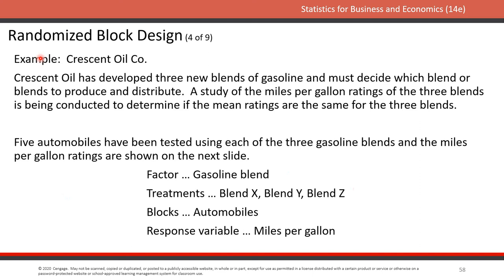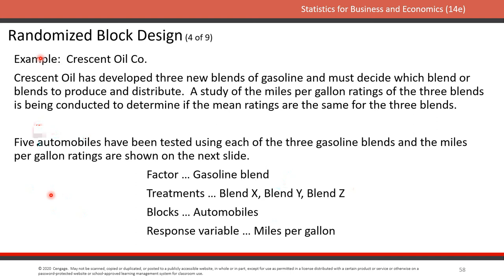In any case, without replication, I do want to take into account that my 5 different cars may have different miles per gallon associated with the car, not necessarily with the blend of gas. So it's really important that I account for the fact that if I've got a small sedan versus a big truck, there's going to be a lot of variability in the miles per gallon, but that variability isn't error.